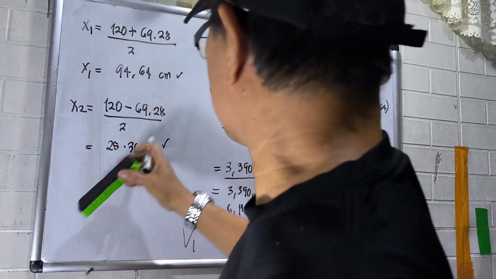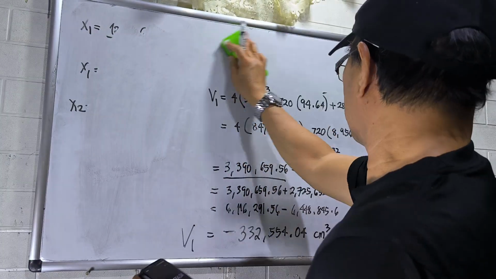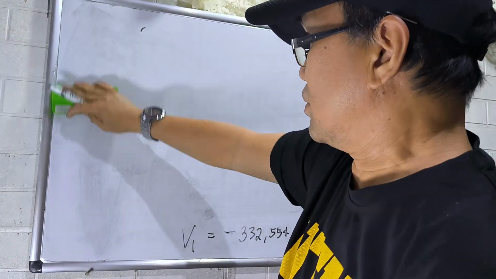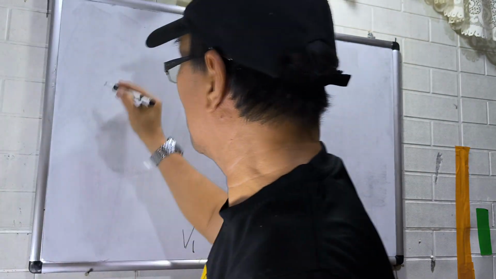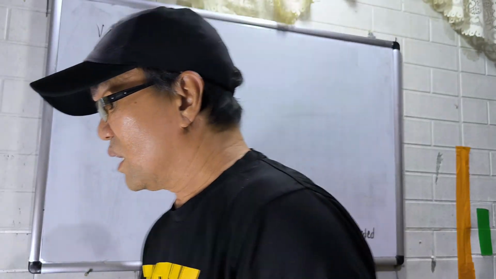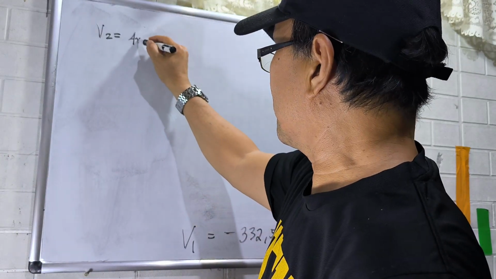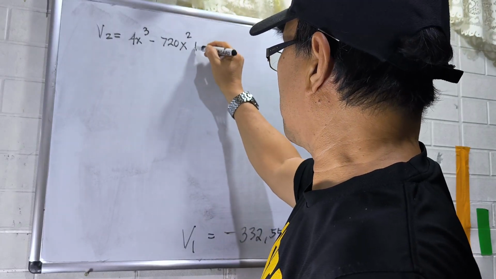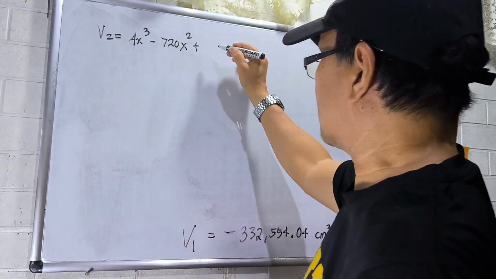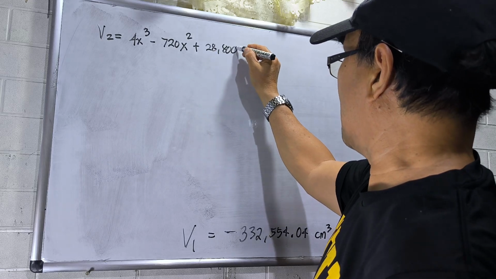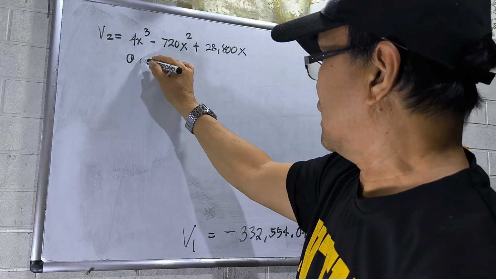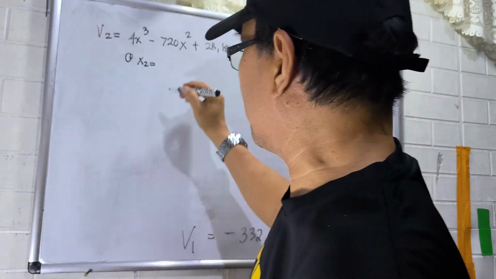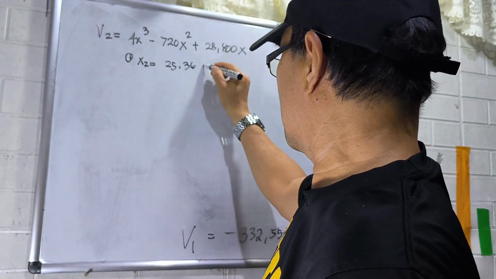So let's proceed to volume 2. Volume 2 will be 4x cubed, then minus 720x squared plus 28,800x. Okay, so what's the x2? x2 is 25.36 centimeters.